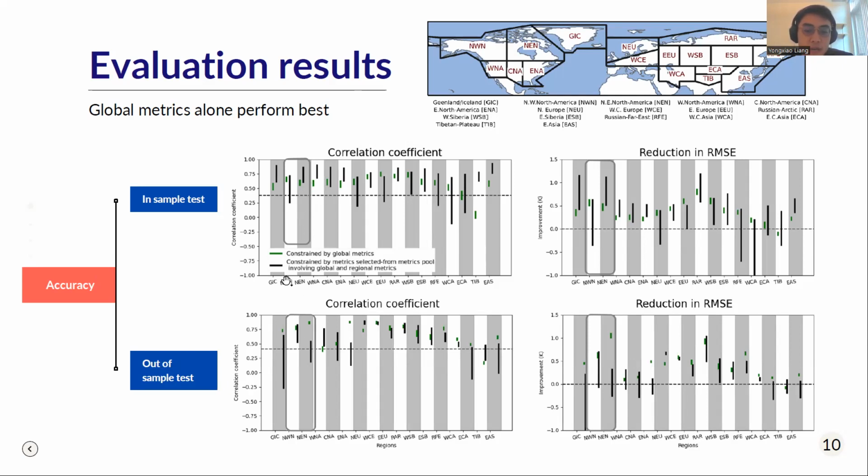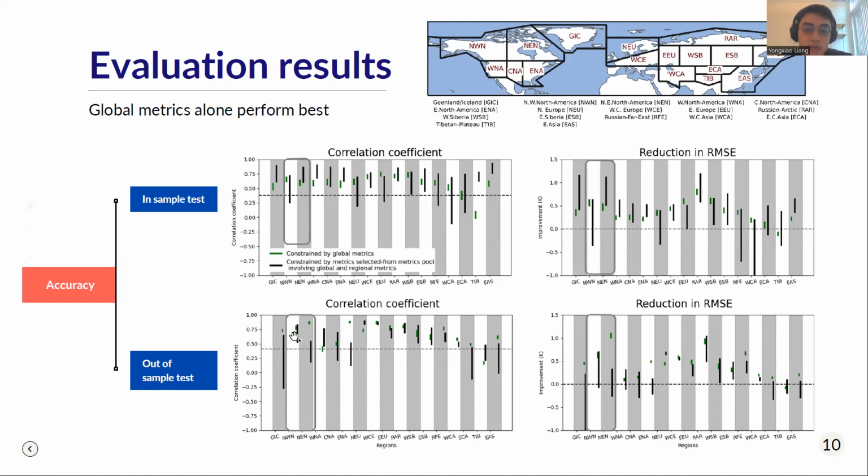If we focus on the blank bar, which is the case of involving the regional metric in addition to the global metric, we see that the out-of-sample test does show a decreased performance. In the in-sample test it performs not too bad, but for the out-of-sample test we see the performance decrease. This shows clear evidence of overfitting when involving this regional metric.